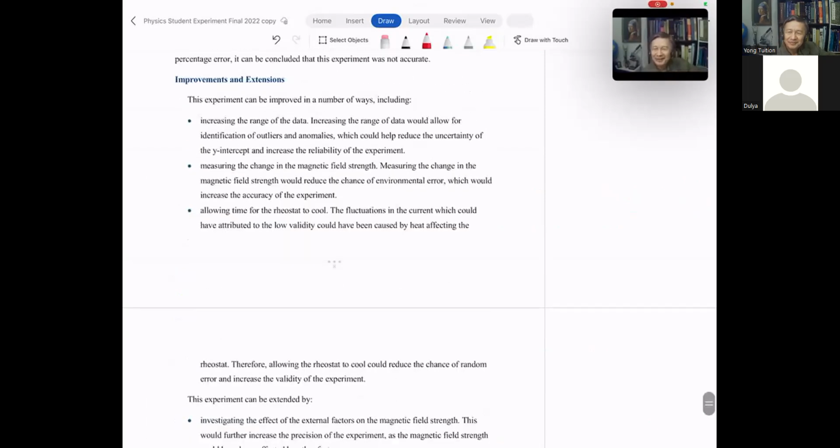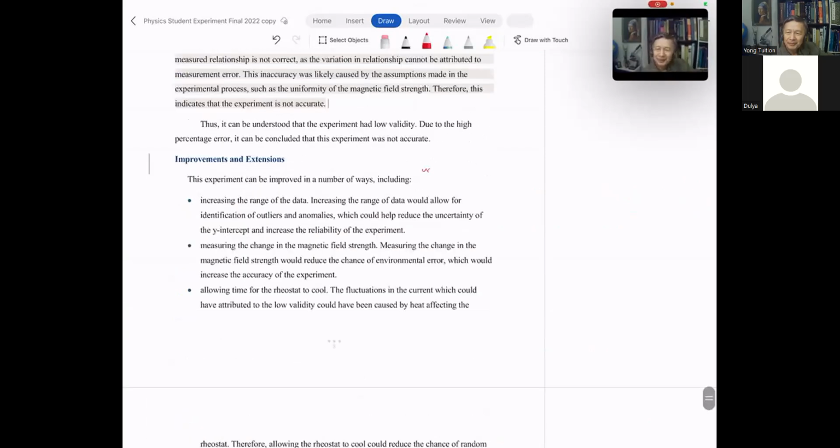Yes. Improved by using better equipment. Find more improvements, a more reliable method or equipment to measure the magnetic field. That is an improvement extension. But this is secondary. The prime improvement is to make sure that the length varies from shorter to reasonably longer.